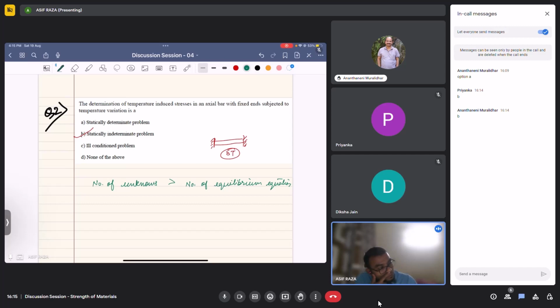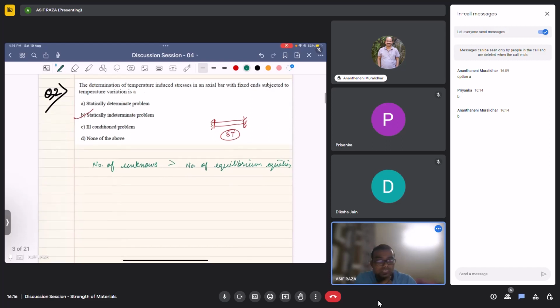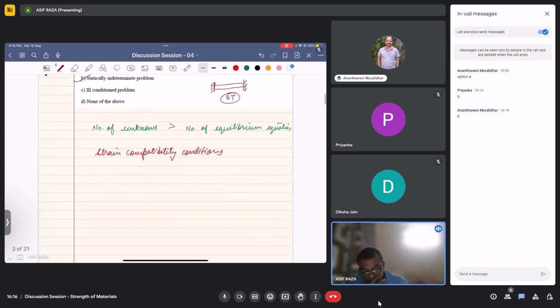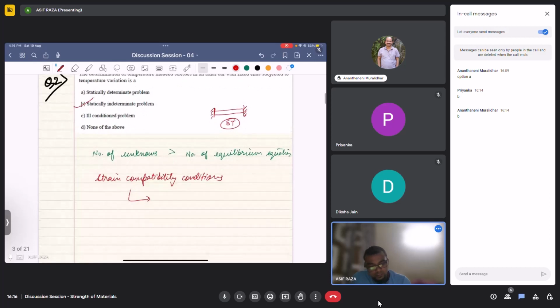So to generalize it is a bit difficult to say. But normally, if this case arises, we say that we need to satisfy the strain compatibility condition, which is what you also mean by geometric compatibility.